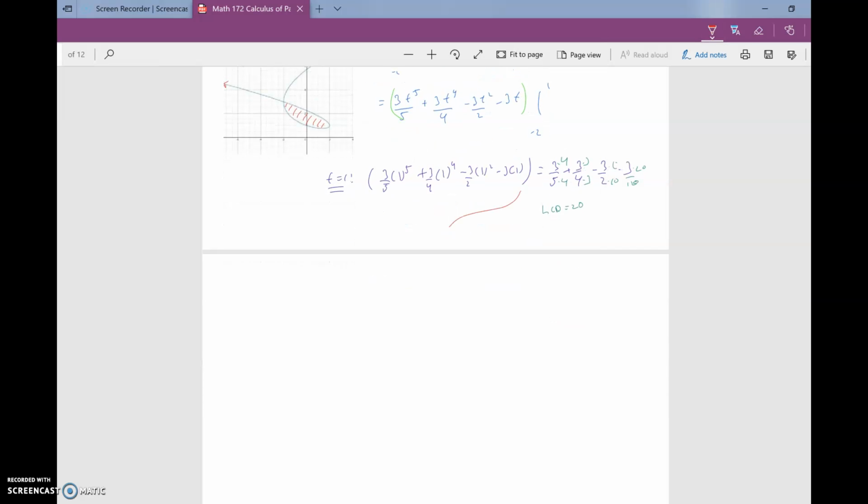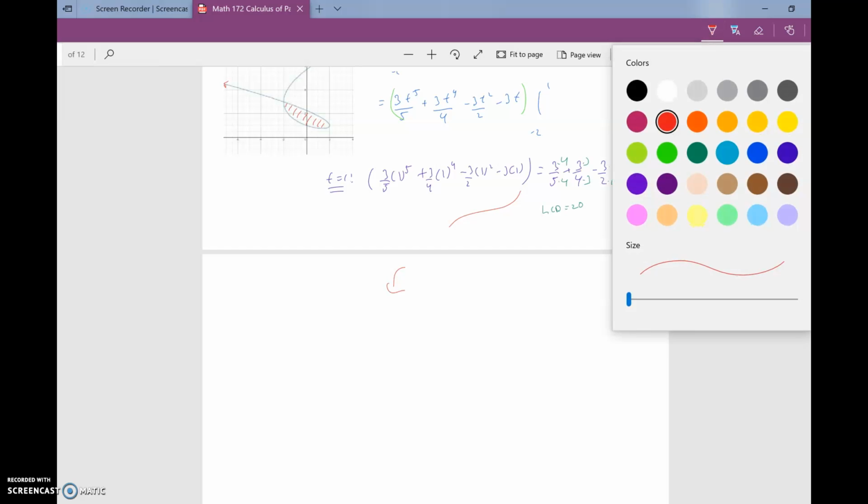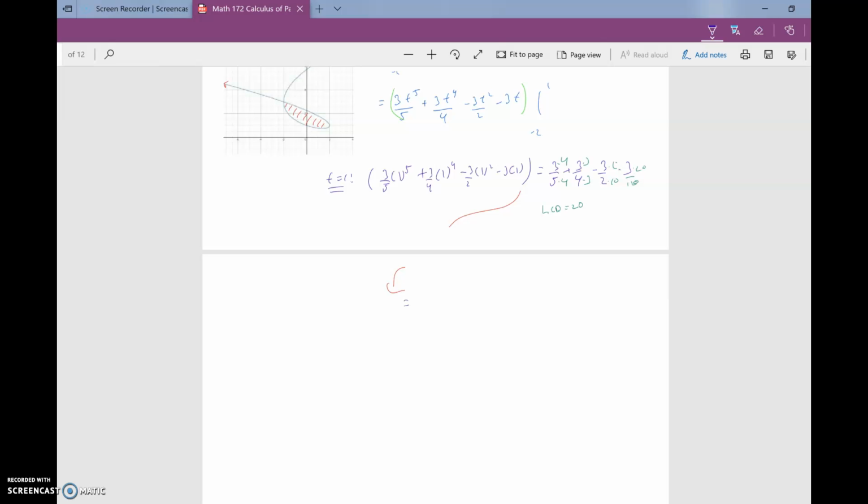So just this portion is going to give us 12 20ths plus 15 20ths minus 30 20ths, and the last one is a minus, minus 60 20ths.